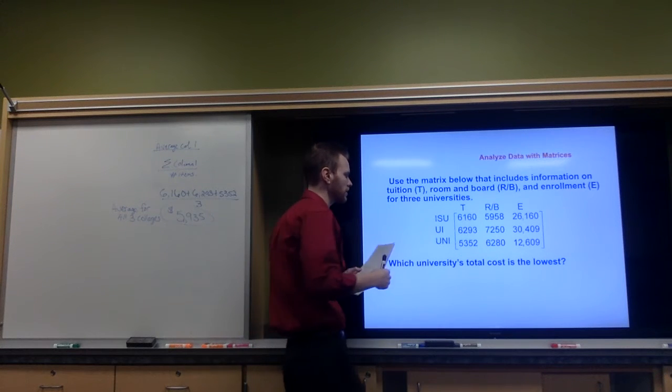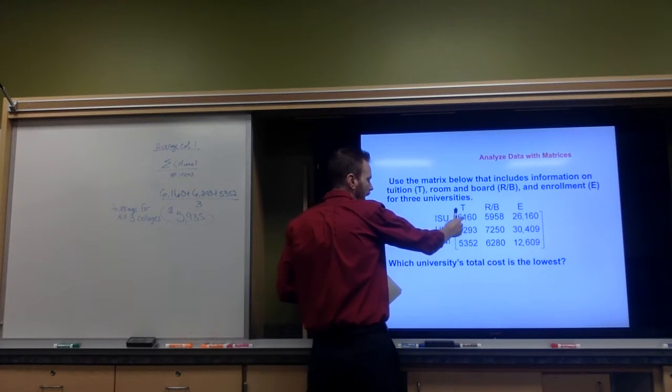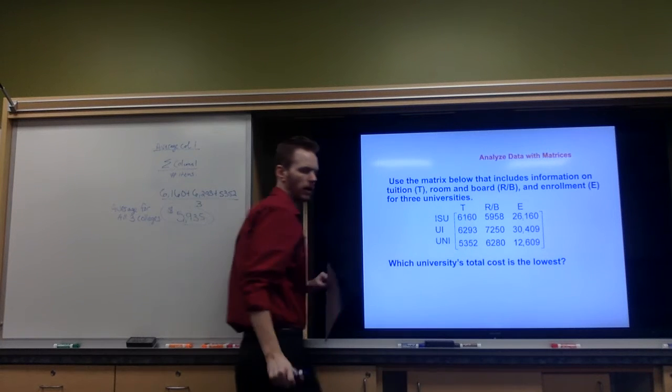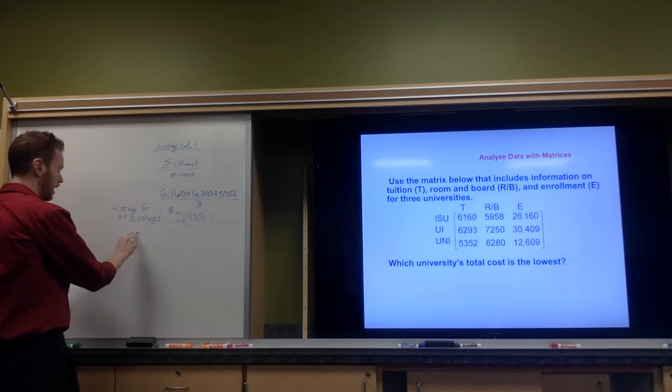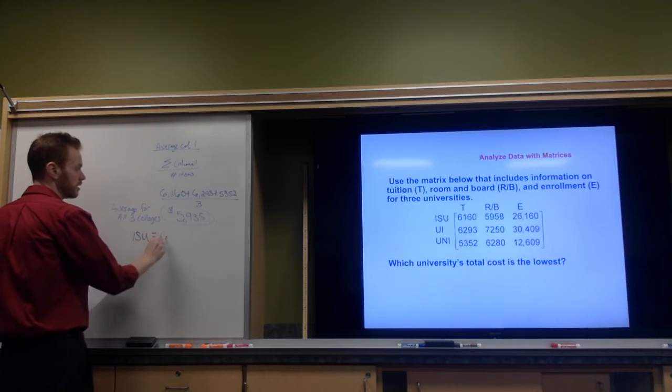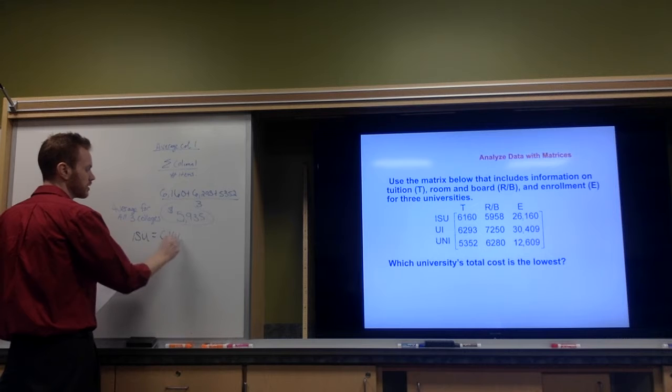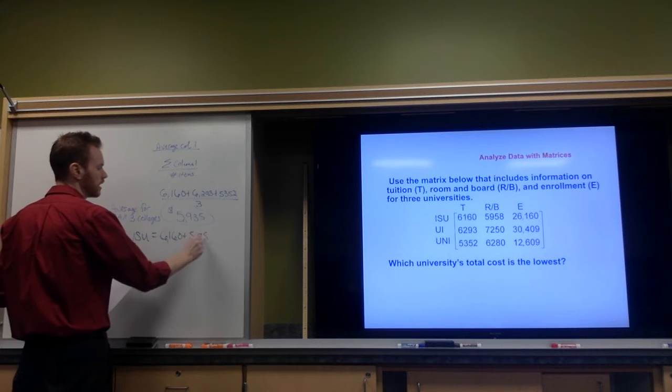So what I'm going to do is take each college and add up their totals in column 1 and column 2. So ISU's total is going to be 6,160 plus 5,958.